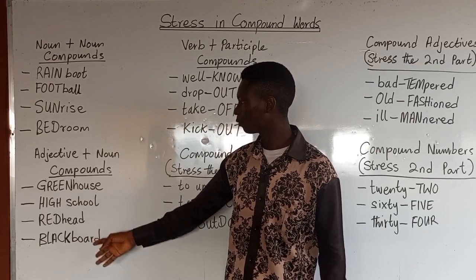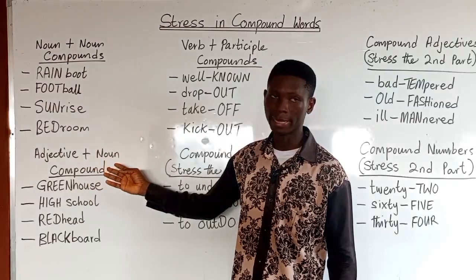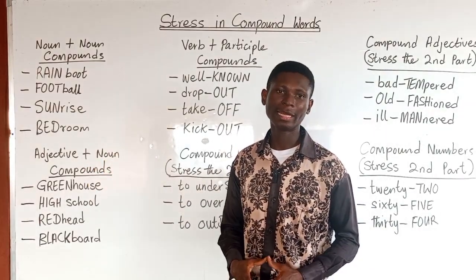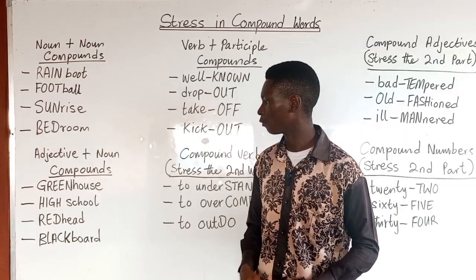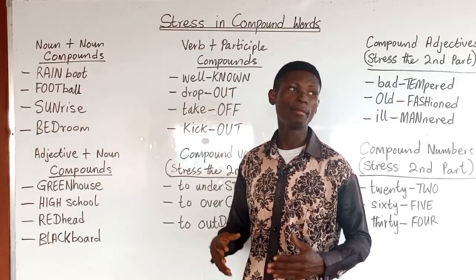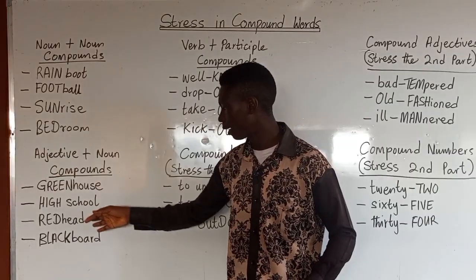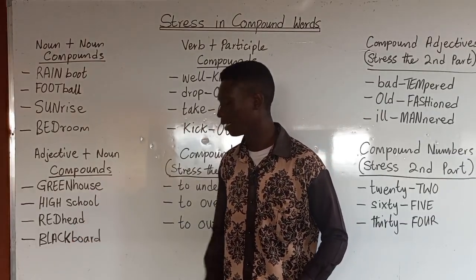All these compound words formed by the addition of an adjective to a noun are regarded as nouns. They are naming words. We use them to name items. So we have greenhouse, high school, red head, and blackboard.